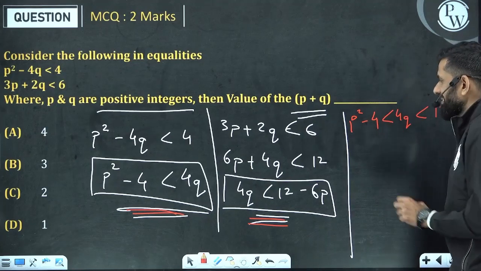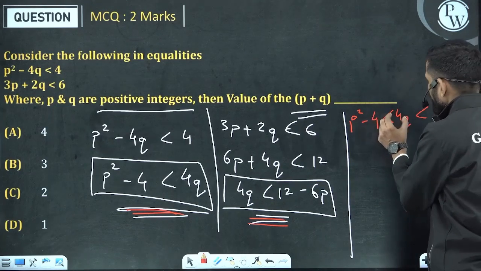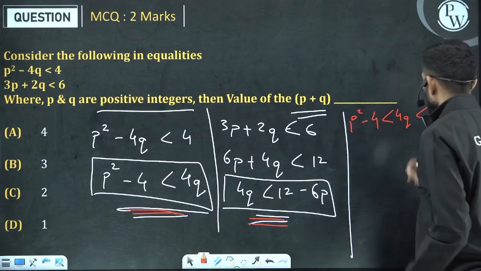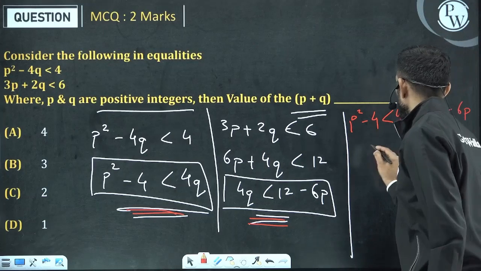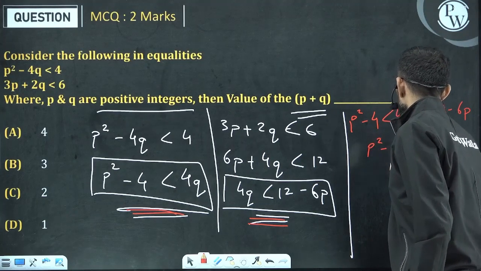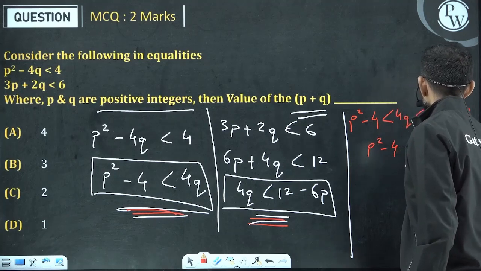So let us remove this 4q here. We can say directly p square minus 4 is less than 12 minus 6p.